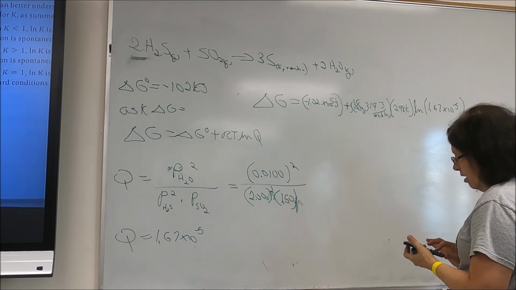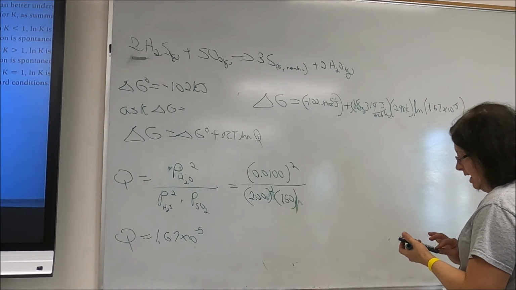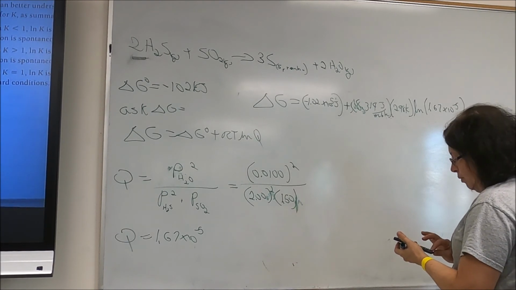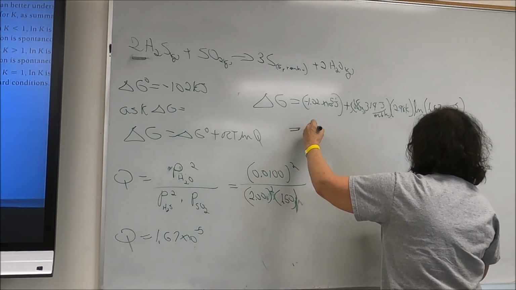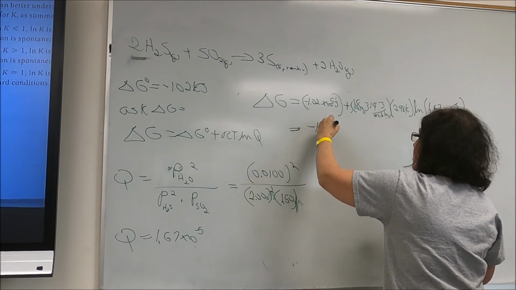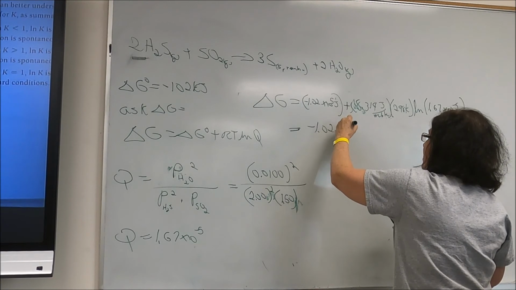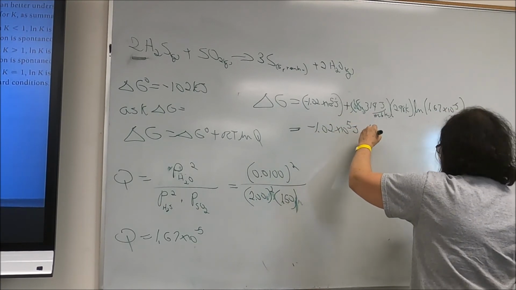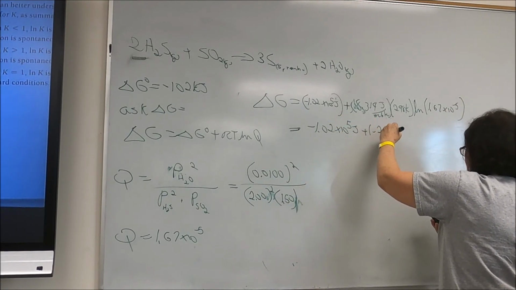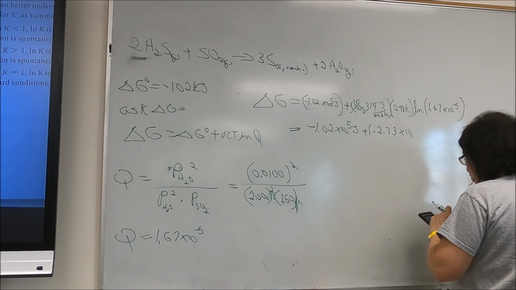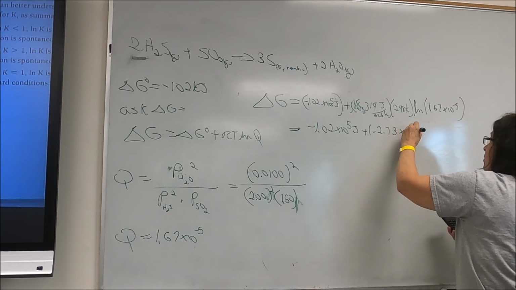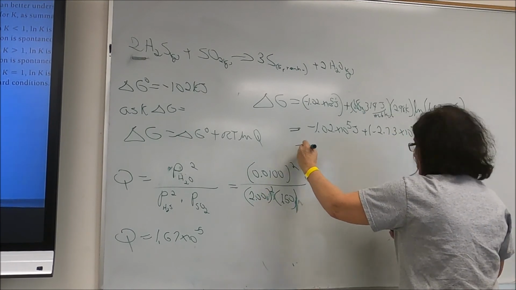So I take the natural log of that times 298 times 8.314, and what I have is minus 1.02 times 10 to the 5 joules plus a minus 2.73 times 10 to the 4 joules.